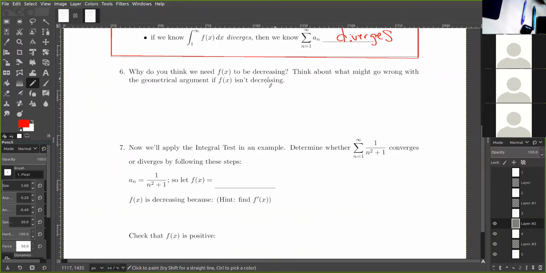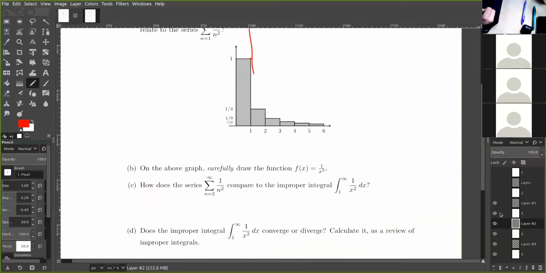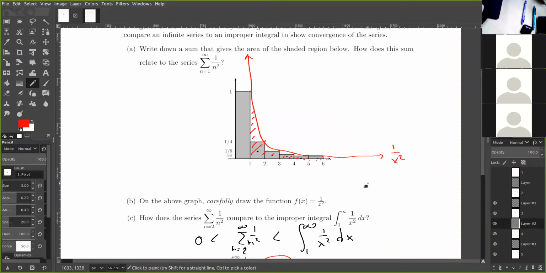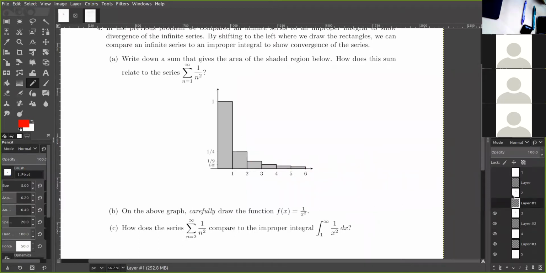So why do we need decreasing? What could go wrong in our geometric argument? Well, let's draw the picture. Let's get a new layer here real quick.